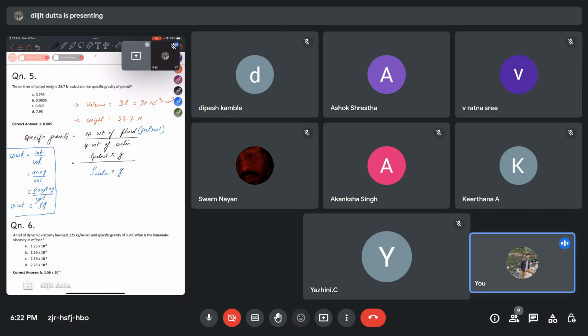How will we know rho of water at 4 degrees centigrade? This is important: rho of water at 4 degrees centigrade is 1000 kg per meter cube. Now what is rho of petrol? Rho we can find as specific weight divided by g.